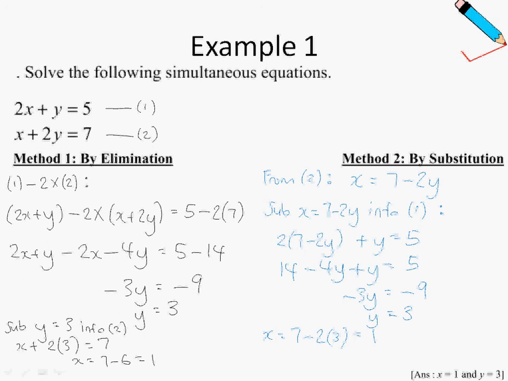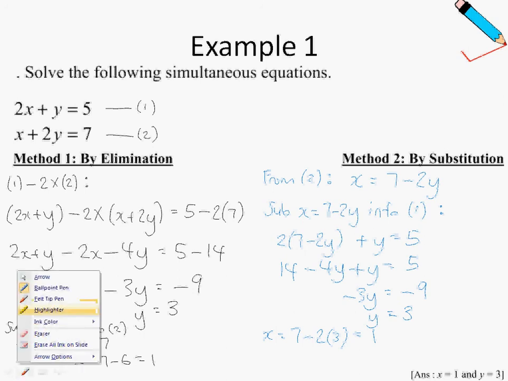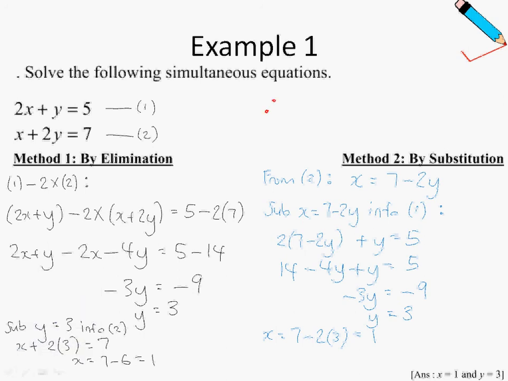So similarly, I arrive at the conclusion that x equals 1 and y equals 3. I hope you appreciate both methods, and take some time to think about both, because in certain scenarios the elimination method will be easier, and in certain scenarios the substitution method will be easier. So I'll see you in the next example.